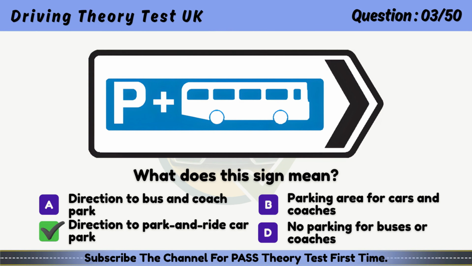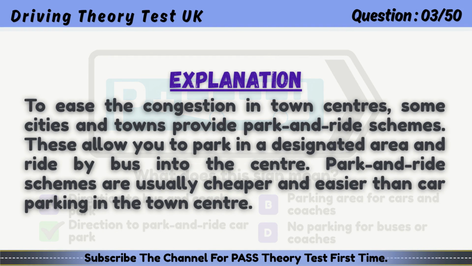Answer is C. Direction to park and ride car park. To ease the congestion in town centers, some cities and towns provide park and ride schemes. These allow you to park in a designated area and ride by bus into the center. Park and ride schemes are usually cheaper and easier than car parking in the town center.